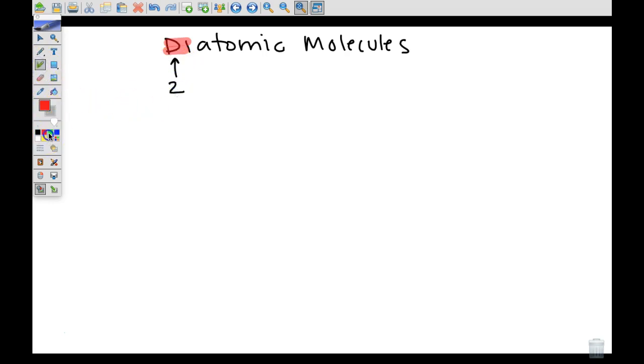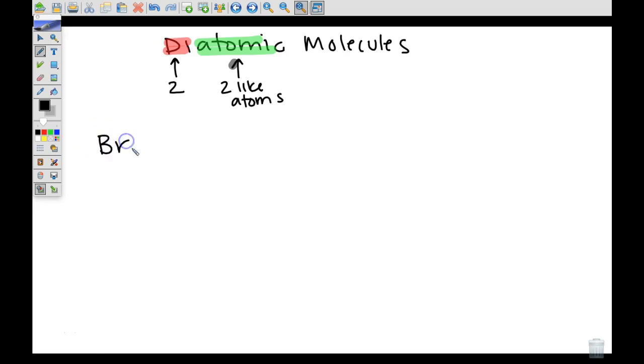And then atomic stands for atom, or two like atoms. So there are specific elements that are only stable as a pair. And they make a really, really neat acronym.